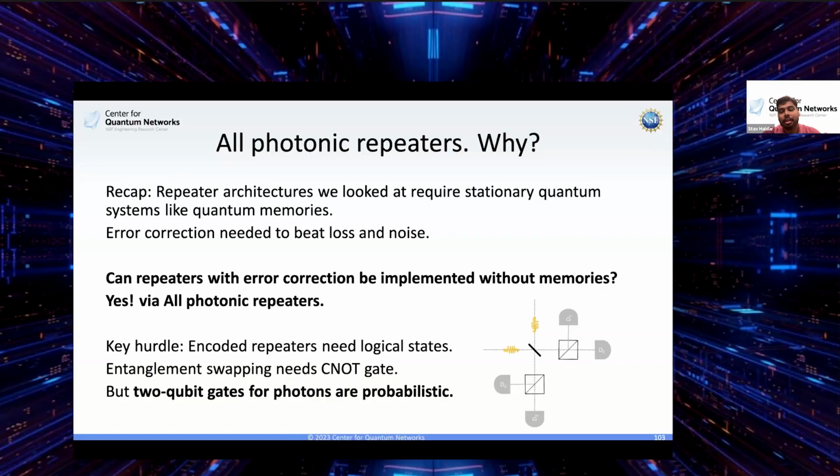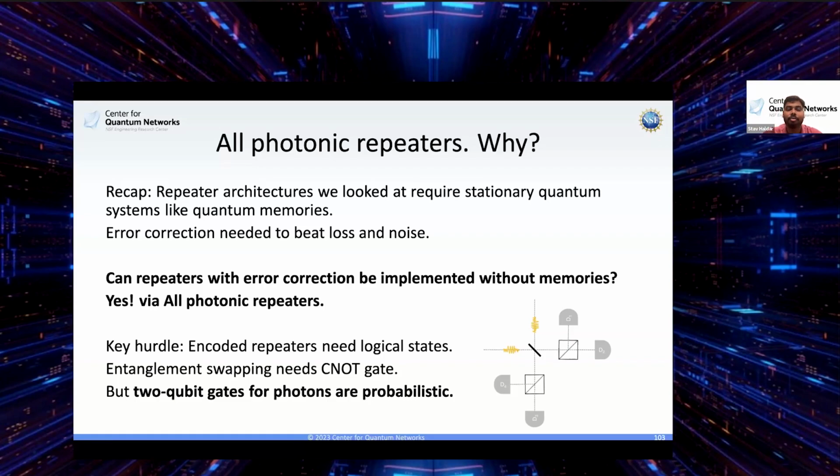Similarly, you will remember from part two, where the deterministic error correction protocols were discussed, that if you want to create an encoded state, typically the encoded states that are hardest to create, or the most relevant ones, are also entangled. So those entangled logical states will also need 2-qubit gates.